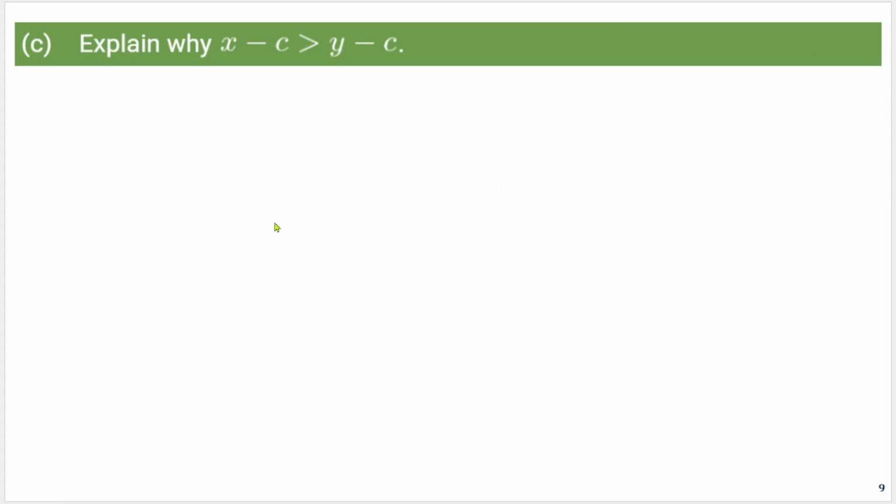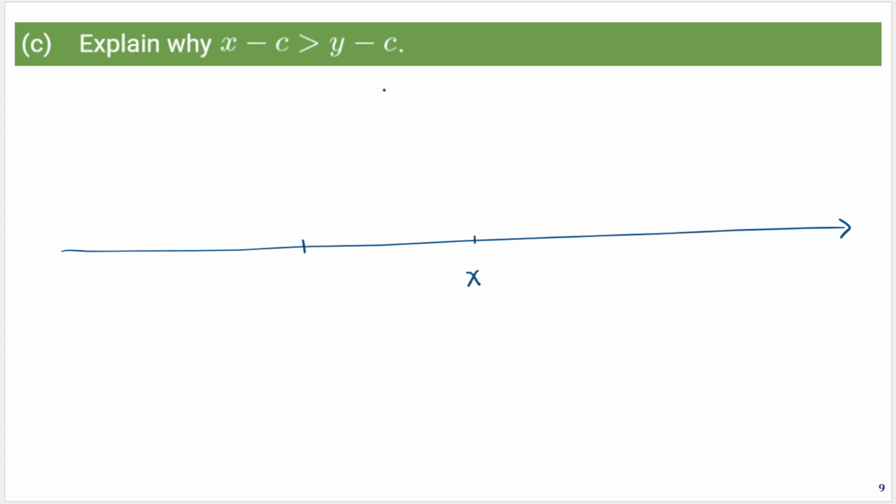So this is similar for question C. If you have x greater than y, then x minus c is greater than y minus c. Because, again, we can illustrate this on a number axis. Originally we have x larger than y, so this is our x, and y is to the left of x, right? Subtraction is moving left on the number line, just as addition is moving right.